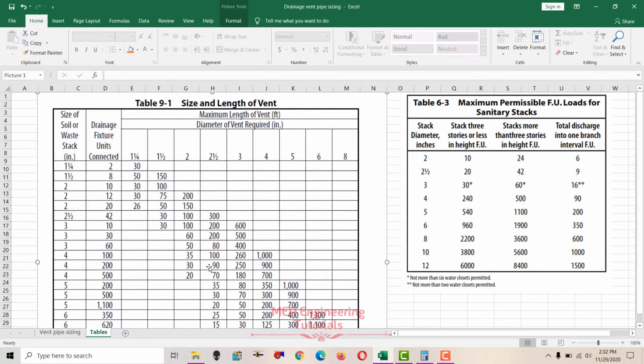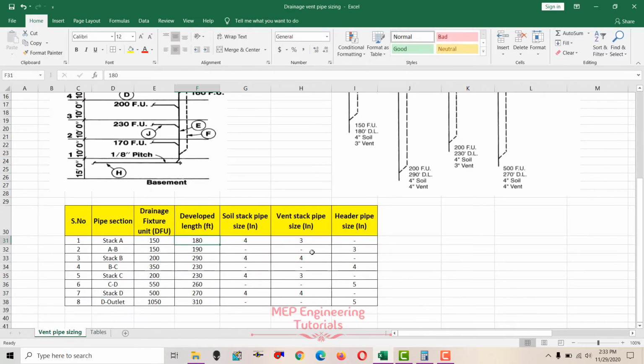And developed length 180 is in between 90 and 250, so we'll go for the higher value, 250, and check the vent pipe size. It is 3 inches. So vent pipe size is 3 inches.